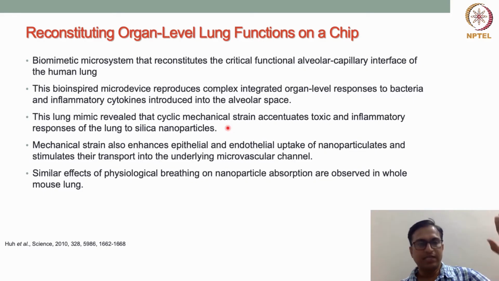Also, this kind of lung can mimic the cyclic mechanical strain. If the cyclic mechanical strain is applied to this device, how will it respond? They studied those things within this kind of device. Also, when they apply stretch and strain, the uptake of nanoparticles by the epithelial and endothelial cells also gets stimulated.